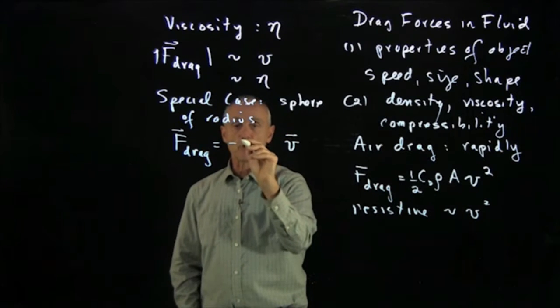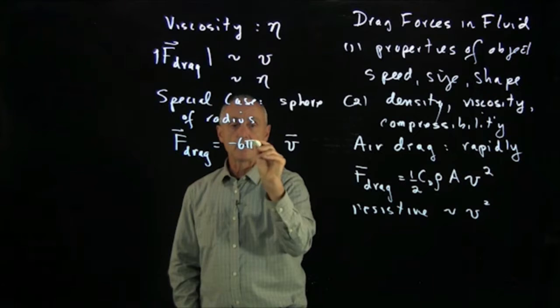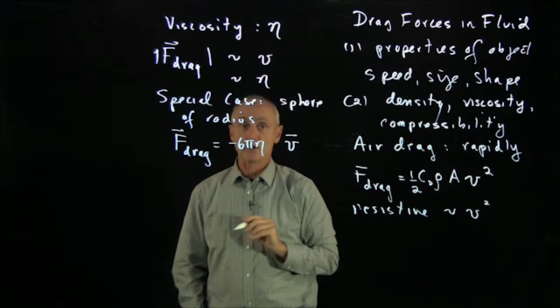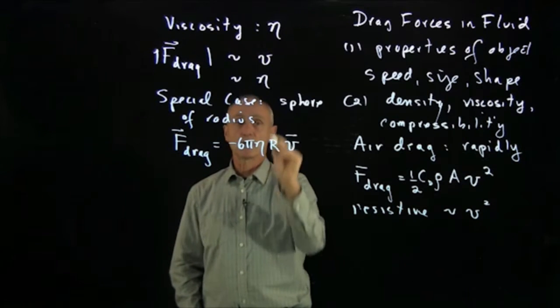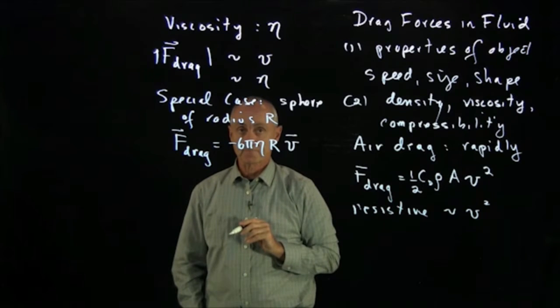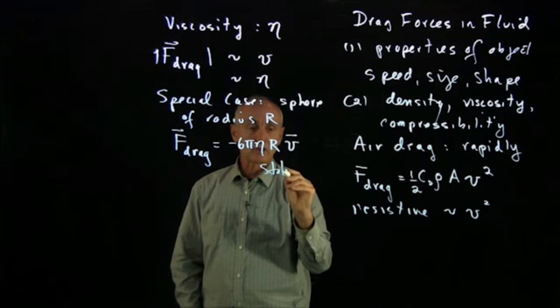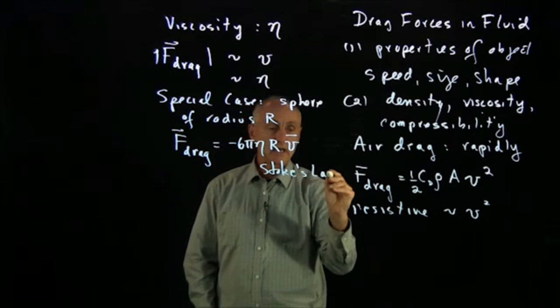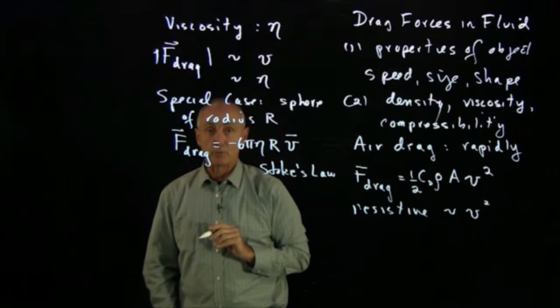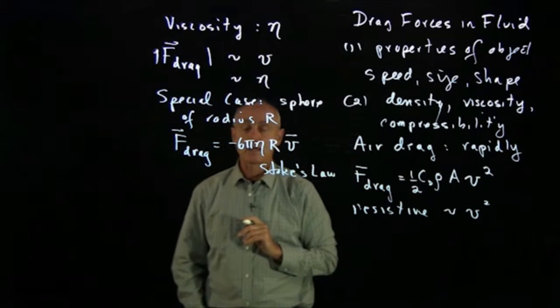There turns out to be some coefficients, 6 pi times the viscosity of the fluid times the radius of the sphere. And this particular law, which we'll known as Stokes' law, is exactly applicable to the motion of a sphere.